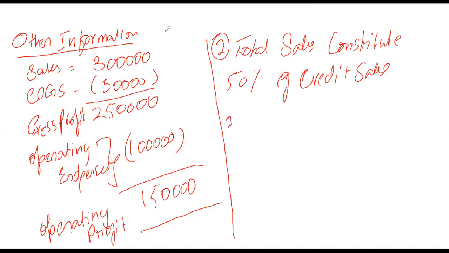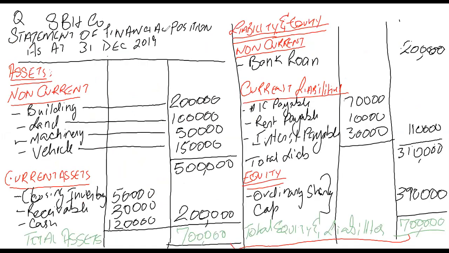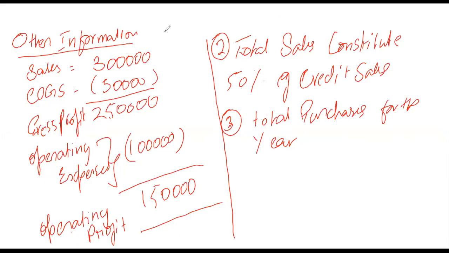And the third piece of information is total purchases for the year, considering the payable amount that I've given. The payable amount is 70,000. So total purchases for the year is 80,000. Don't get confused about why the cost of goods sold is less than the total purchases.